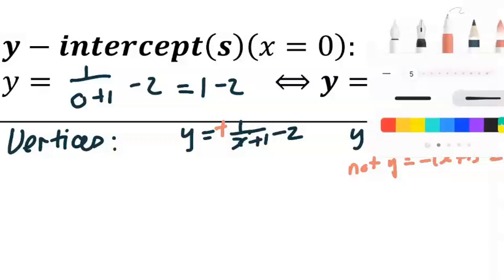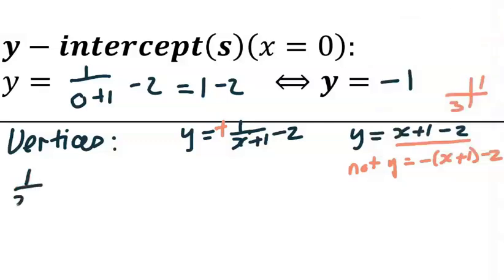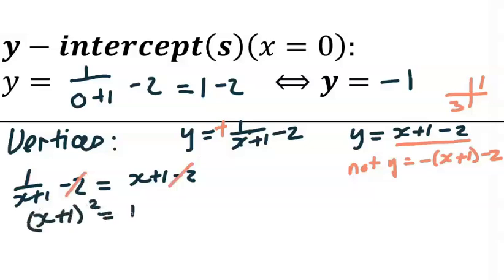So now I must solve 1 over x plus 1 minus 2 equal to x plus 1 minus 2. And we see we can ignore the minus 2 there, so we can just solve x plus 1 squared equal to 1.